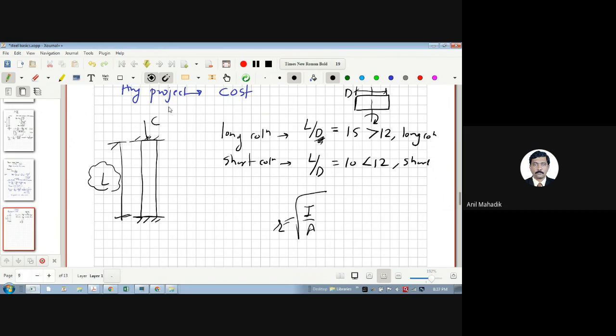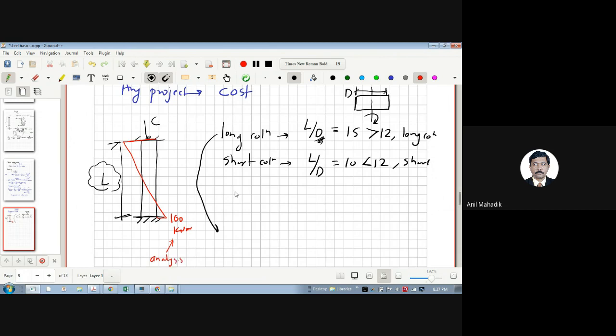And when it is a long column, what happens? In an RCC column, all of you know that we get bending moment from the analysis, like ETABS or manual calculation. These are the bending moments of the column. Let's say this bending moment is 100 kilonewton meter. This value is coming from the analysis.